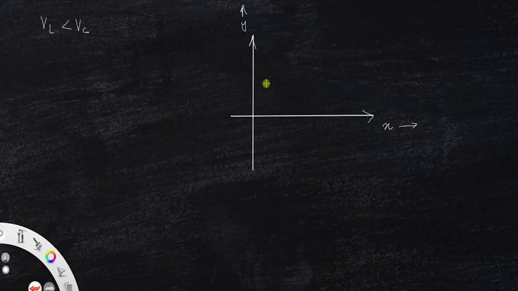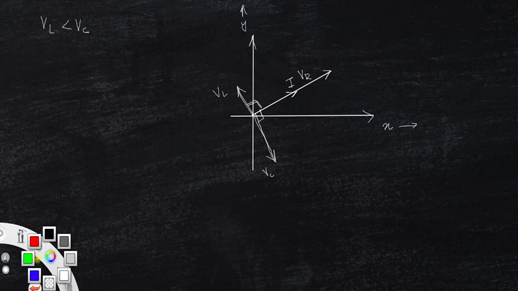We have VR in this direction, along VR is the current I, and we have VL in this direction and VC in this direction. They are along the same straight line. This angle is 90, this is also 90. But here VC is greater than VL. So the resultant of VL minus VC will be along the VC. Its value will be VC minus VL.